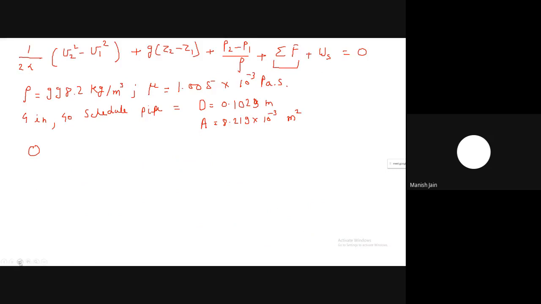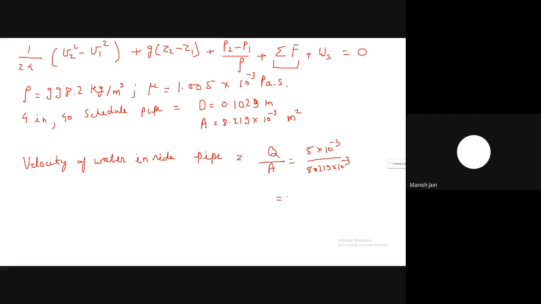So the velocity of the water inside the pipe is equal to Q divided by A, that is 5 multiplied by 10 to the power minus 3 divided by 8.219 multiplied by 10 to the power minus 3.